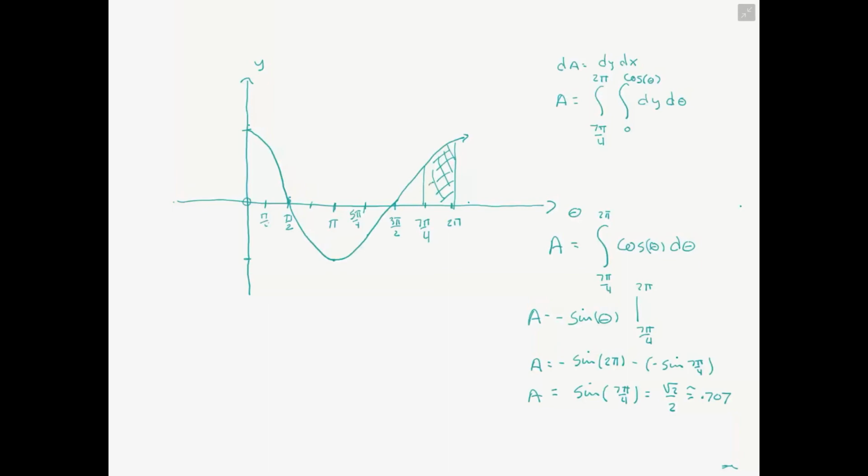And that's going to be the area under the curve at that point.